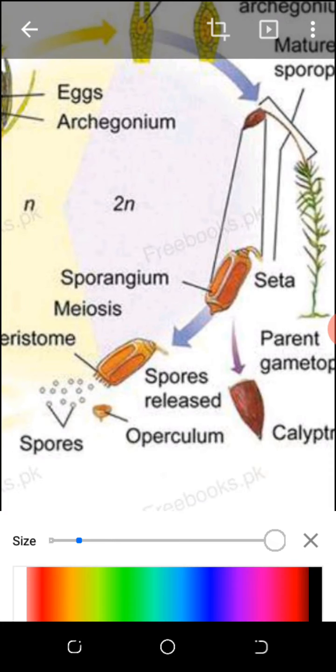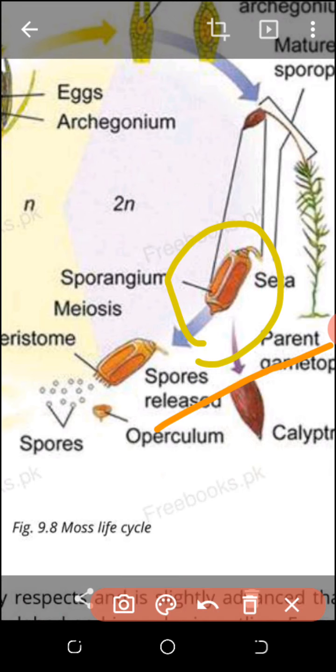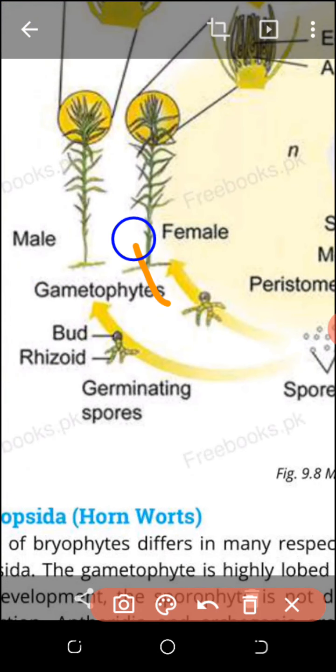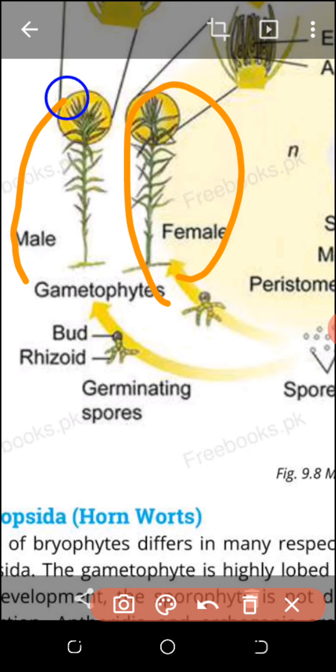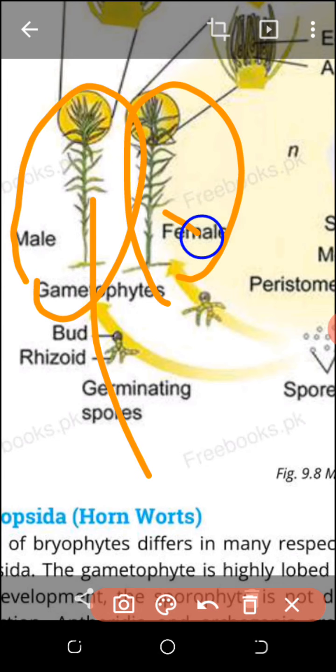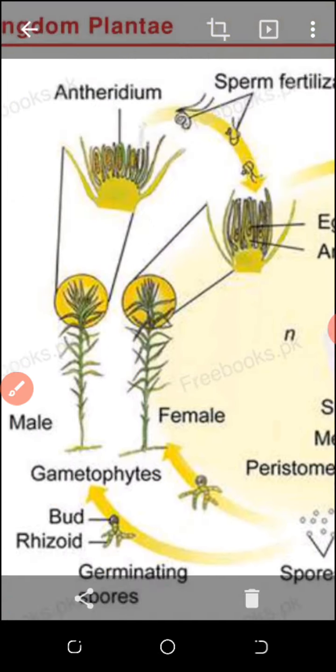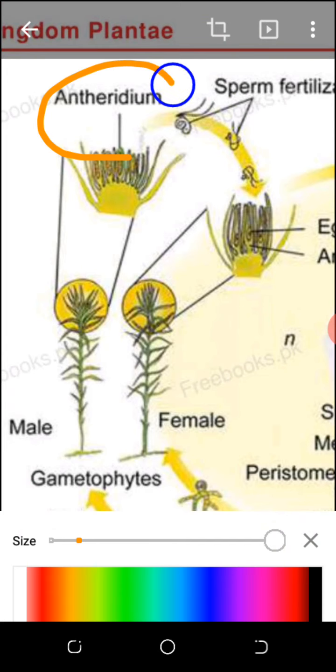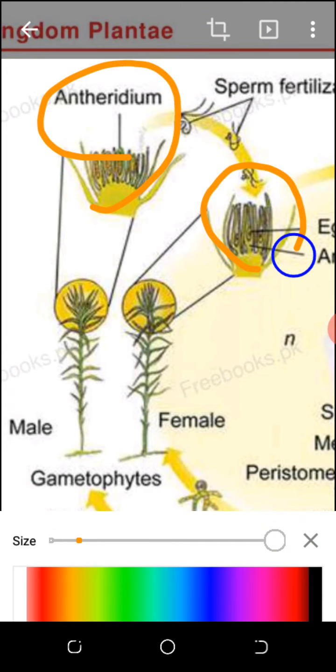the spores. Those spores are haploid, those spores will be released, and these spores will grow mitotically to form male gametophyte and female gametophyte. This is the male gametophyte, this is the female gametophyte. Male gametophyte has the structure antheridium. You can see antheridium. This is the structure antheridium, and this is the structure archegonium.